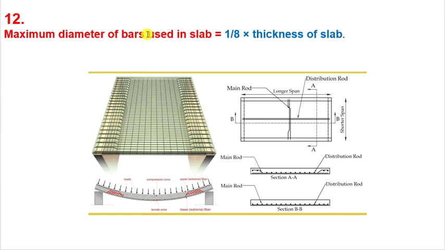So it is recommended that the diameter of the bar to be used in a slab should not be greater than 1/8 of the thickness of the slab. These are very important questions. You can see this sort of question in multiple choice questions during your entrance exams or written exams, or an interviewer can ask you this during your interview. You can find the maximum diameter of bar used in a slab using this relationship.